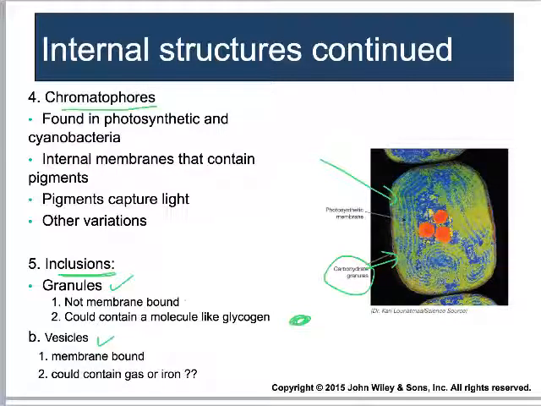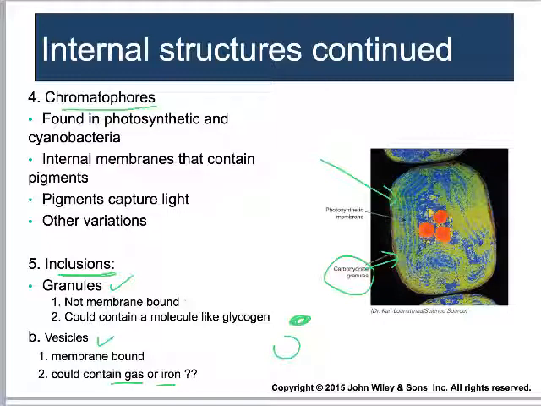It's not really easy to see, but there can be inclusions or clumps of carbohydrates in the cells. Sometimes bacterial cells have vesicles that have gas in them, so they look like they're empty. Sometimes they contain other chemicals like iron, and there are some that are magnetic.